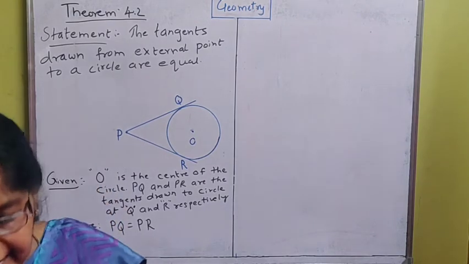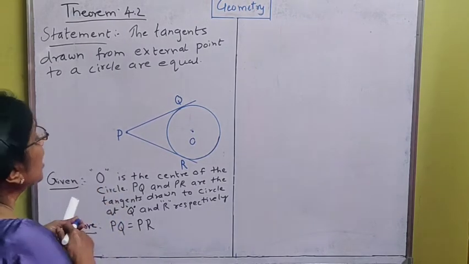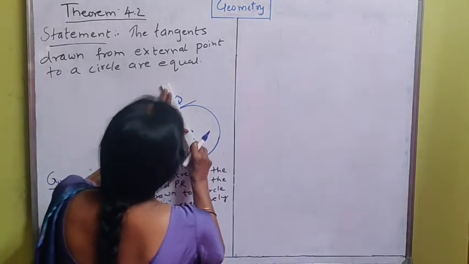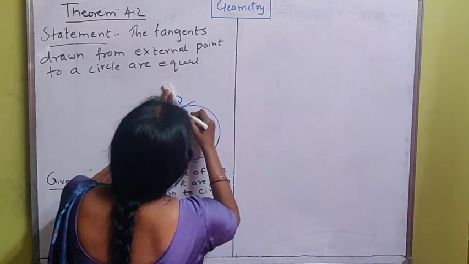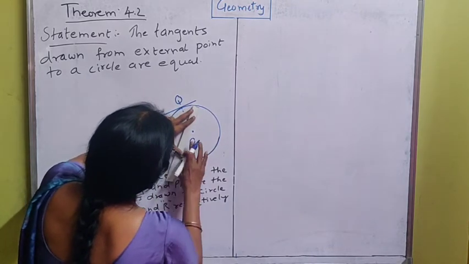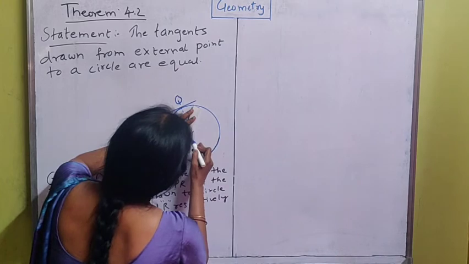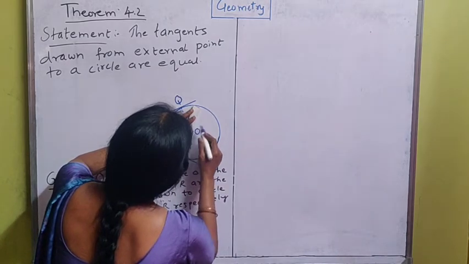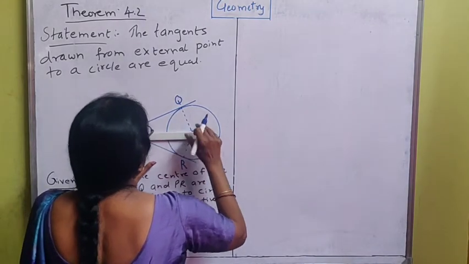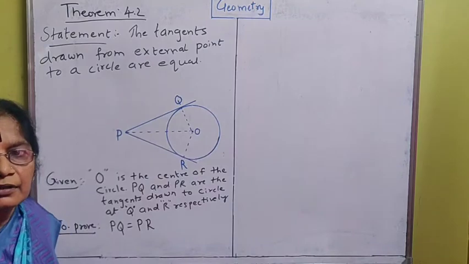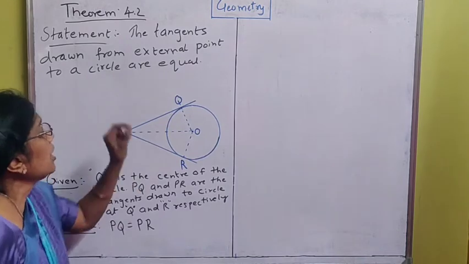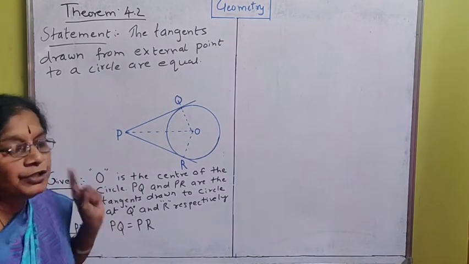The construction we are going to do is that we are going to join OQ, OR and OP, because without that we won't be able to prove PQ is equal to PR.